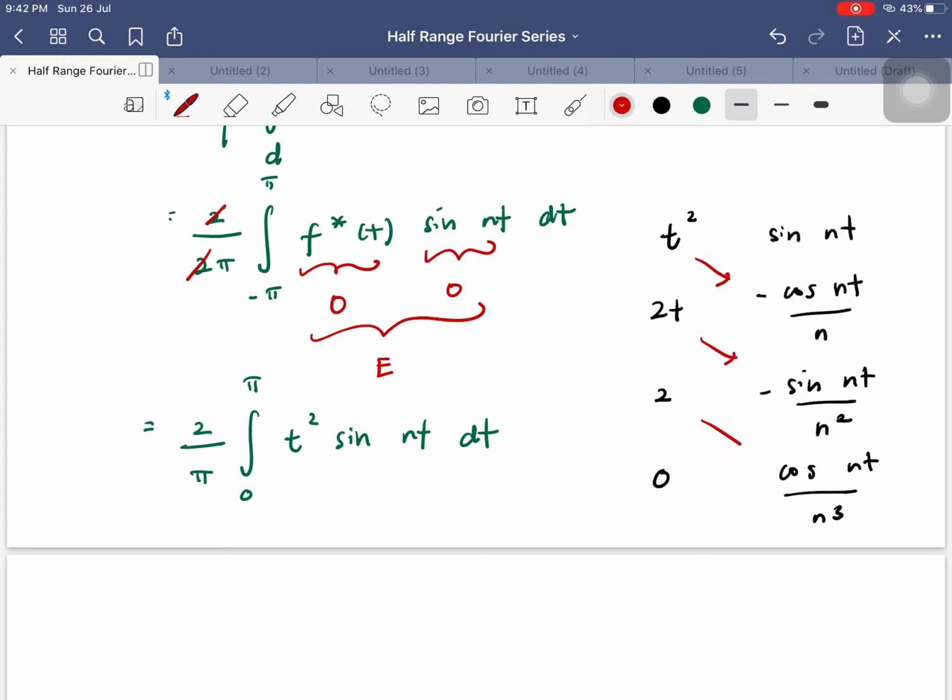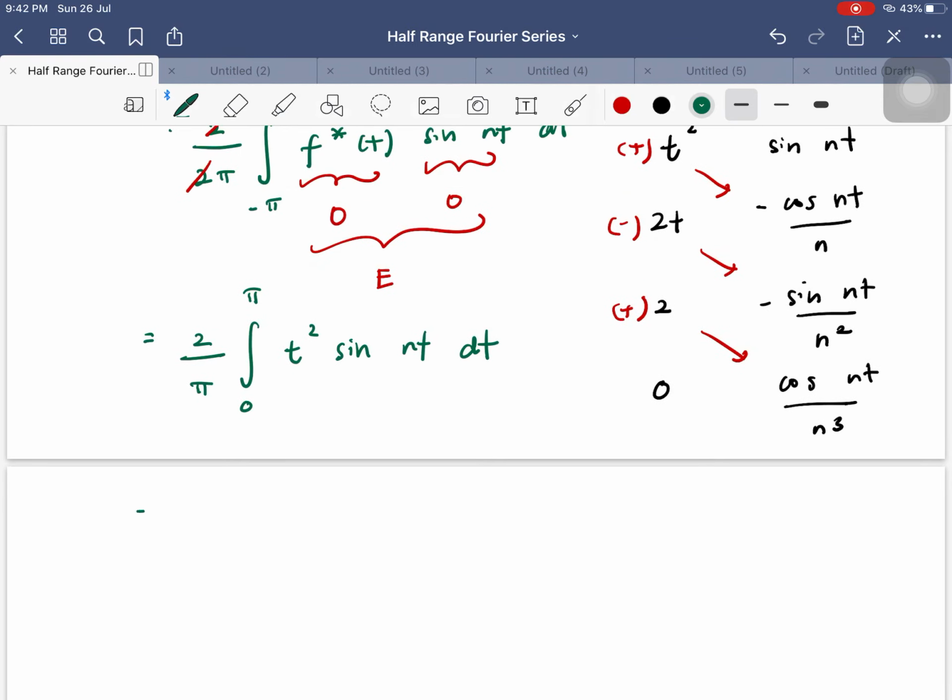And then I'm going to put diagonal arrows, put plus and also minuses. And for this case, I have 3 arrows, so I will end up with 3 terms. And I'm going to start substituting and put them together. So I'm going to have 2 over pi outside. So my first term is going to be negative of t squared cos of nt over n.